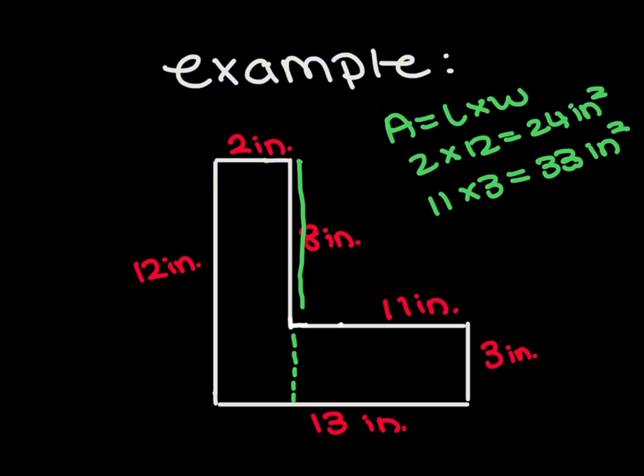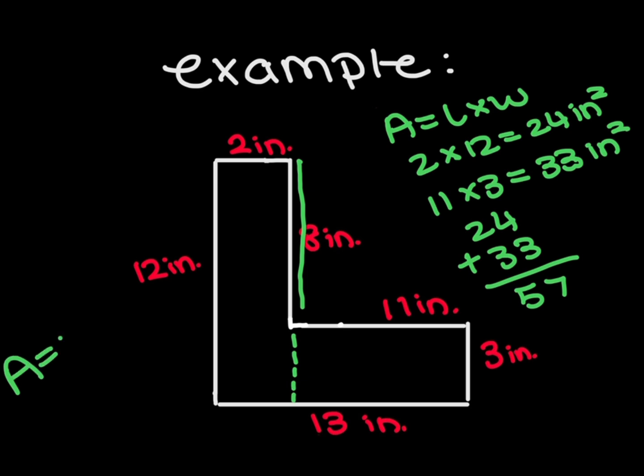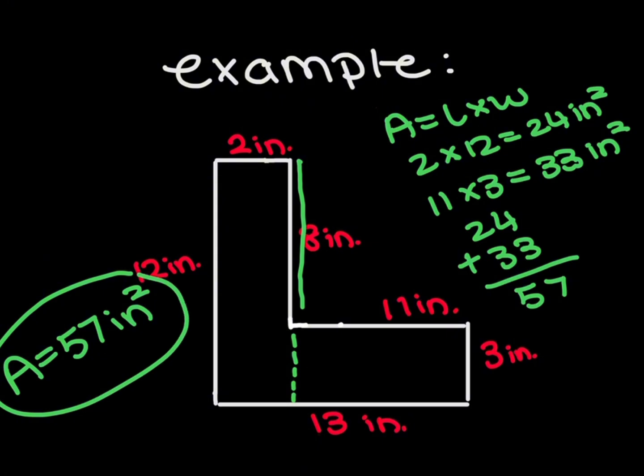And since we have the area of the two rectangles, now we just have to add them together. So 24 plus 33 gets you 4 plus 3 is 7, 2 plus 3 is 5. So then the area is equal to 57 inches squared. And that right there is our answer.